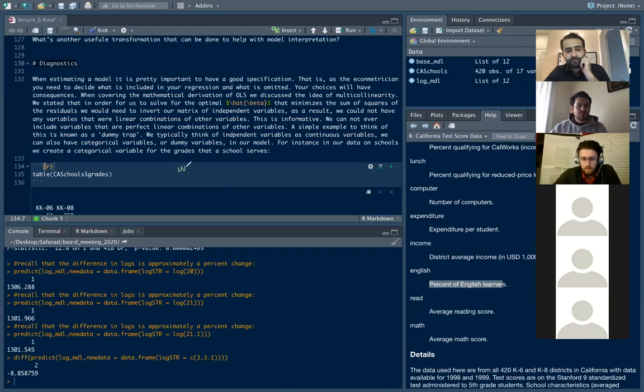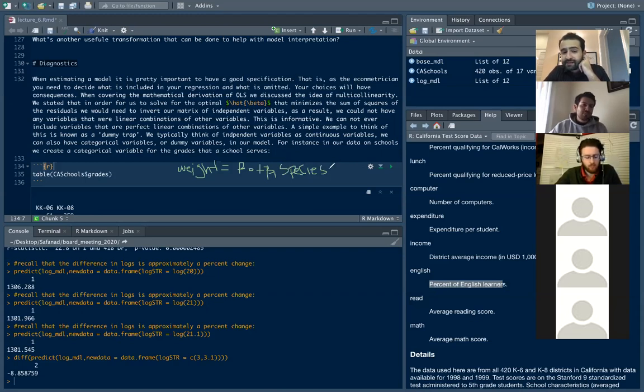So weight equals some beta 0 plus some beta 1 times species. I can't just write the word cat inside of a regression, right? I don't know how to invert a matrix that has the word cat in it. But what I can do is create a variable that represents the word cat.